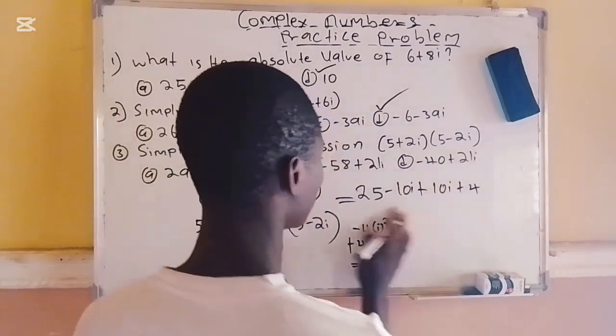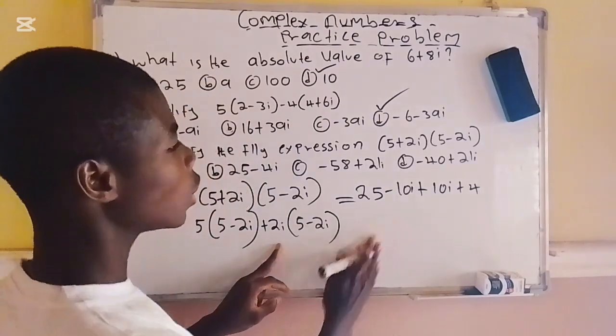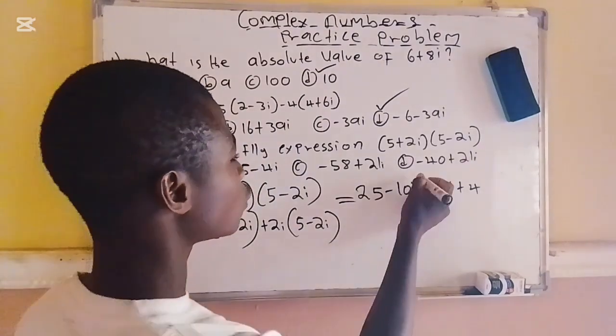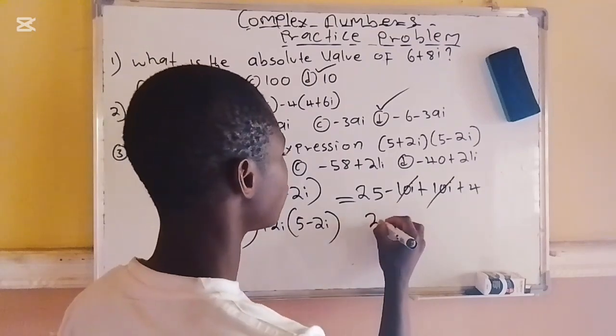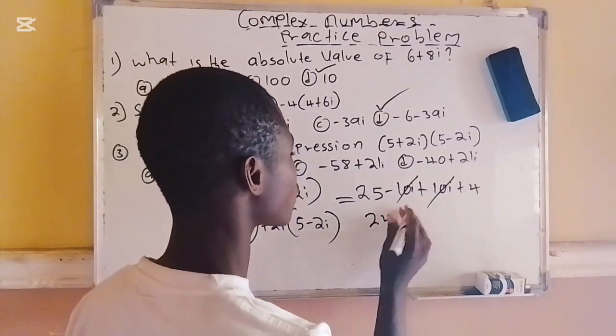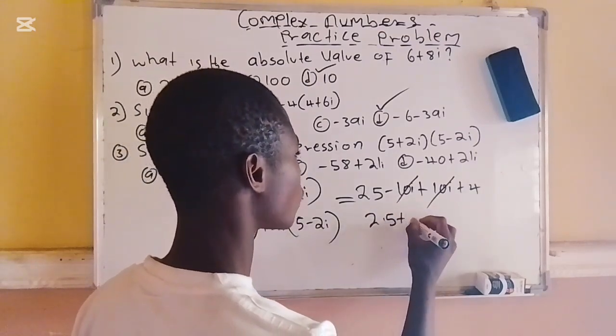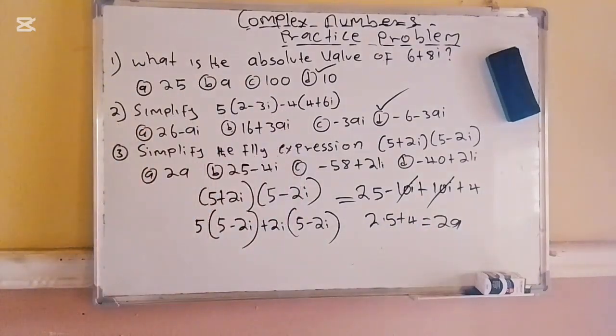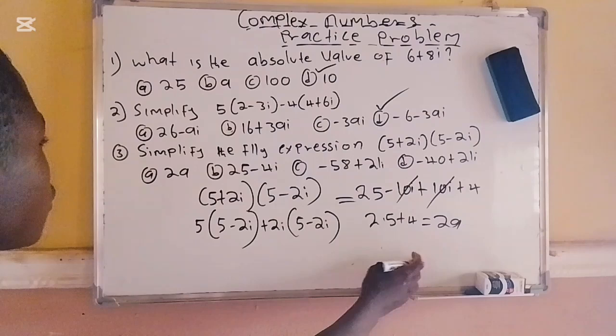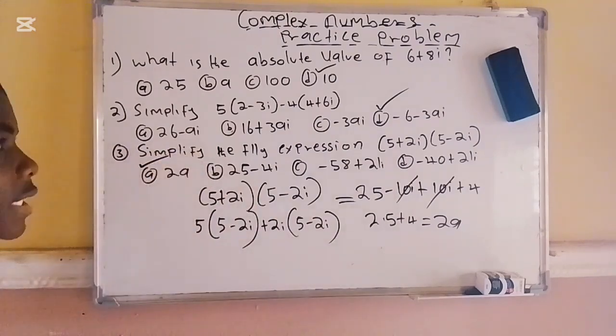So plus 4. The next thing I'm going to do is, minus 10i plus 10i cancel each other. So 25 plus 4 is equal to 29. We have to check whether we have the value of 29 in the options. Yes, A is the correct answer.